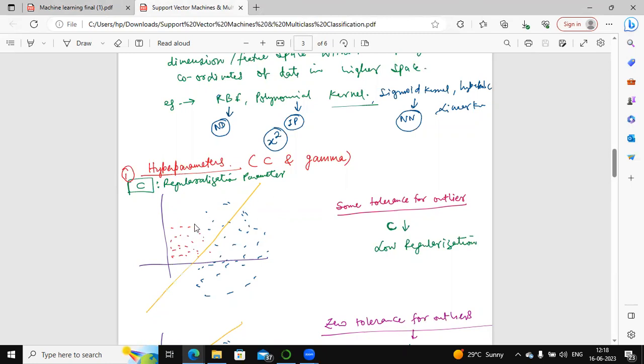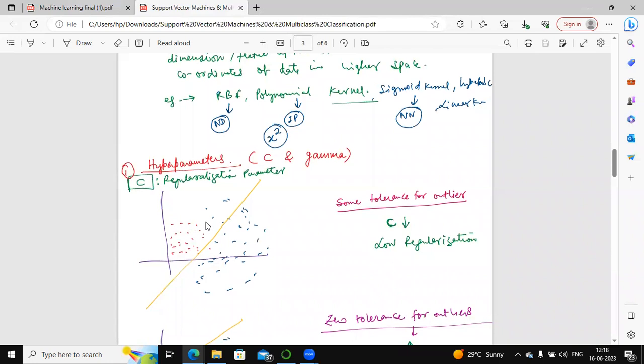When you give this, you can see the red points over here and blue points over here. When we have drawn the hyperplane, you can see that red points have passed the hyperplane to the right-hand side, and blue points have passed the hyperplane to the side where red points should be. So you can see some outliers in the data set.